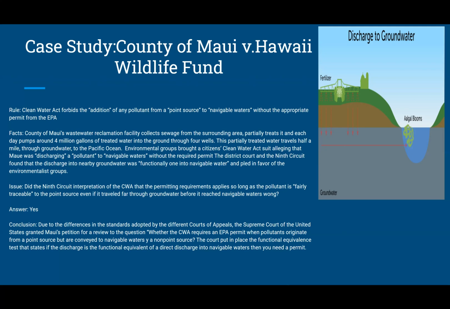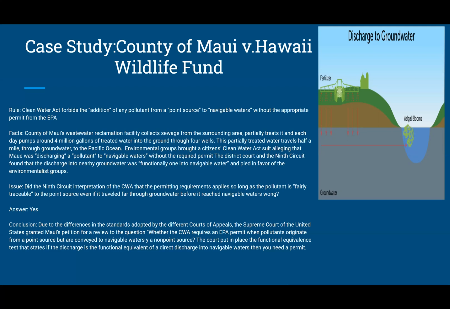Once again, the district court and the Ninth Circuit Court found that the discharge into nearby groundwater was functionally basically running into the water, and ruled in favor of the environmentalist group. Once the Supreme Court took it up, the issue was the Ninth Circuit's interpretation of the CWA, that the permitting requirement applies as long as the pollutant is fairly traceable to the point source, even if it traveled through groundwater before it reached navigable waters.